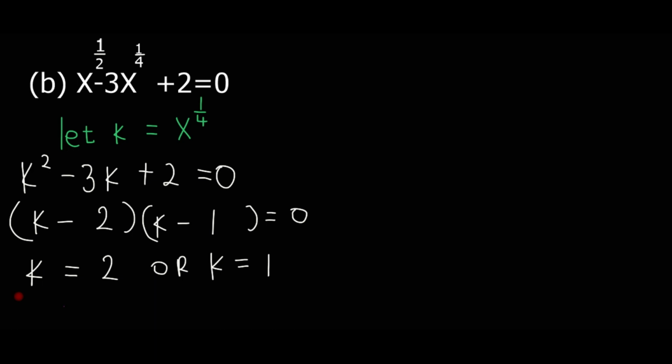And then now because we have values of k, and really k equals x to the exponent 1 over 4, we substitute k with 2 and 1. So from there I can say x to the exponent 1 over 4 equals 2, or x to the exponent 1 over 4 equals 1. And then from there it's all about solving for x.